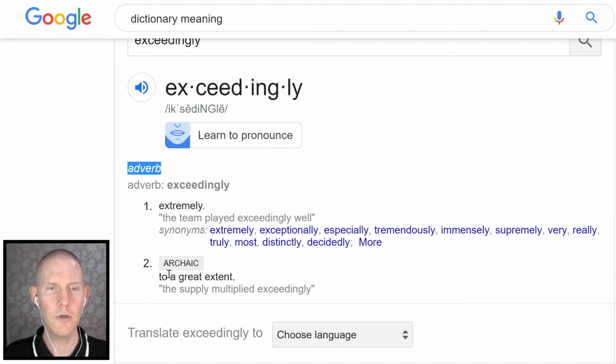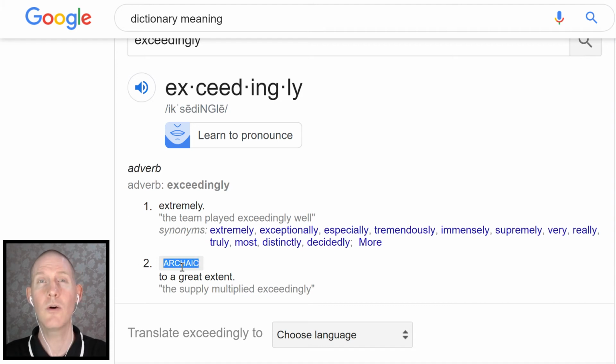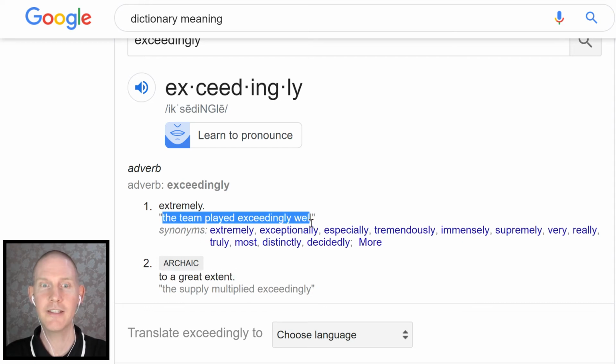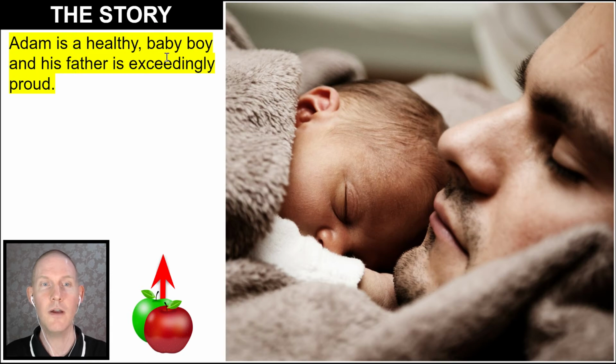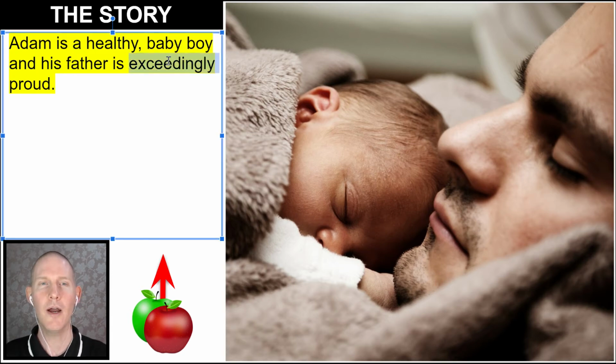Okay, so archaic just means old, like an old definition, to a great extent, right? For the first one, the team played exceedingly well. Like they played really well. We don't know if they lost or if they won, but they played very well. Okay, so exceedingly, let's go back. All right, so his father is very proud, immensely proud, really proud, exceptionally proud, right?